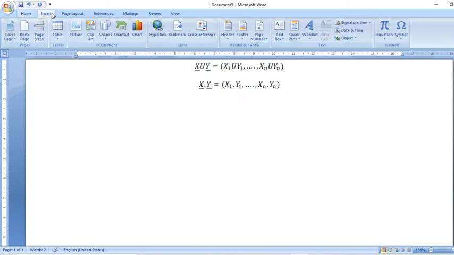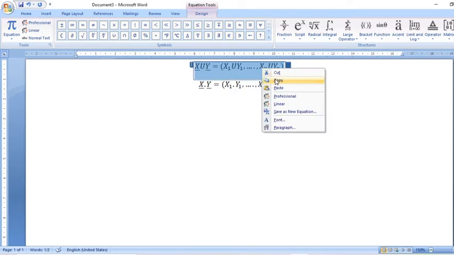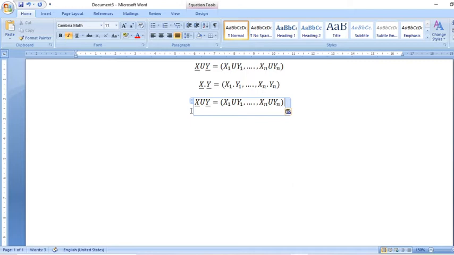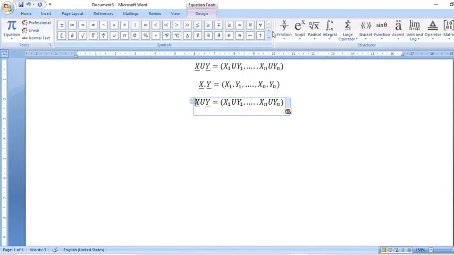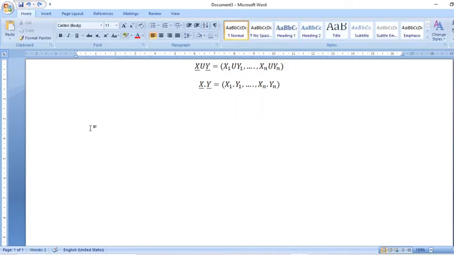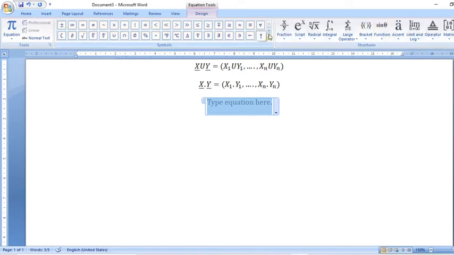Okay, so what we have to prove? Yeah, we have to prove that phi of x union y is greater than or equal to phi of x union phi of y.